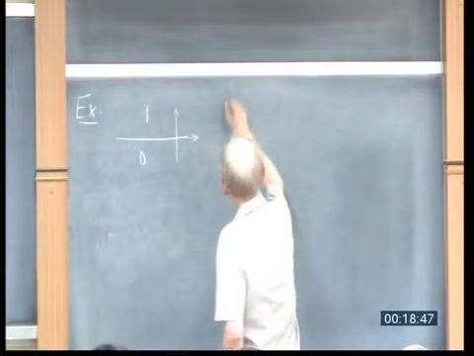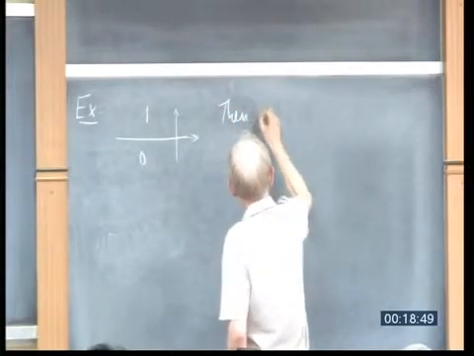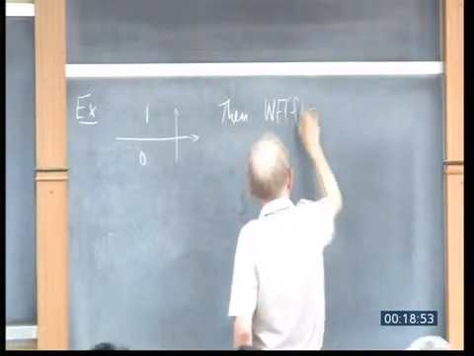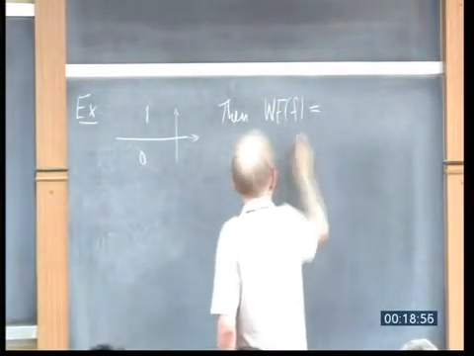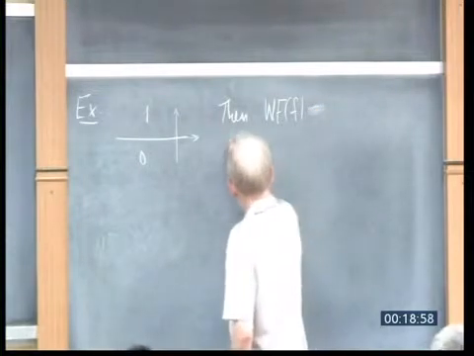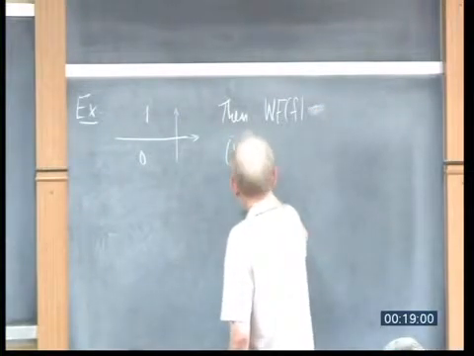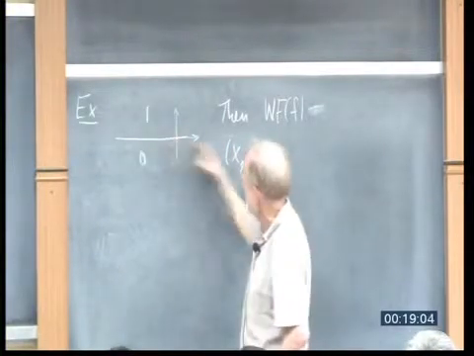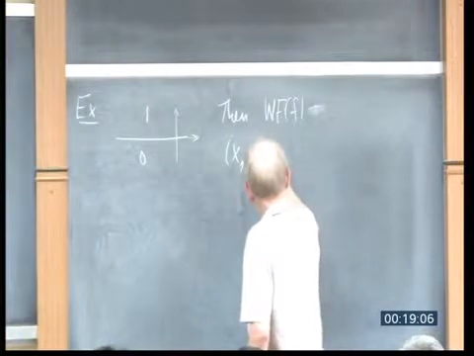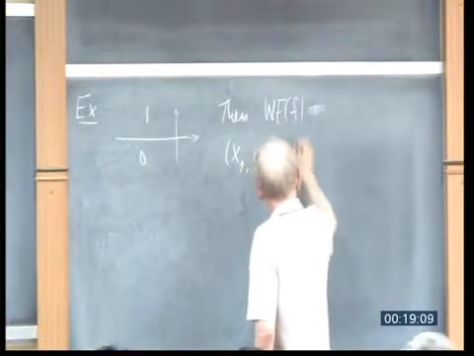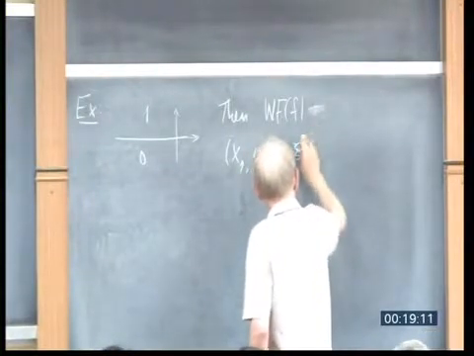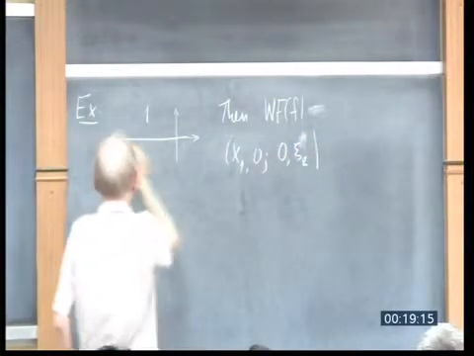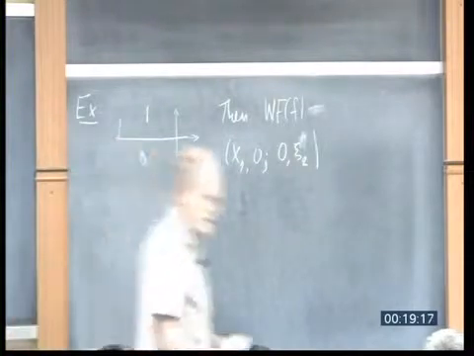So then I claim that the wavefront set of f consists of all points x on the jump, of course it is smooth outside the jump, and xi's which are perpendicular.